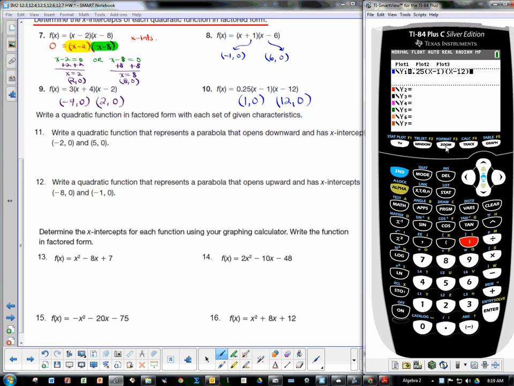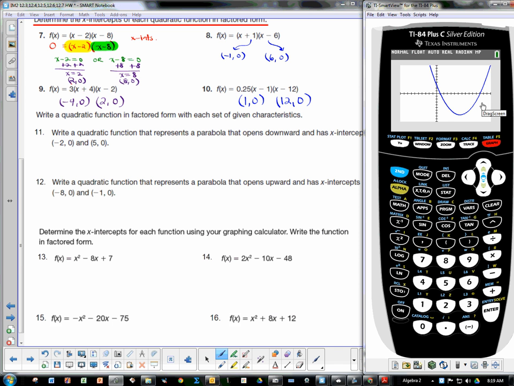And if you graph this, zoom, and let's do number 6. You're not going to see it all because it's a 10 by 10. So let's change the window and go with an x max of like 15. Now graph. Please tell me what those x-intercepts look like. You see them? This one is 1, 0, and that one is 12, 0.